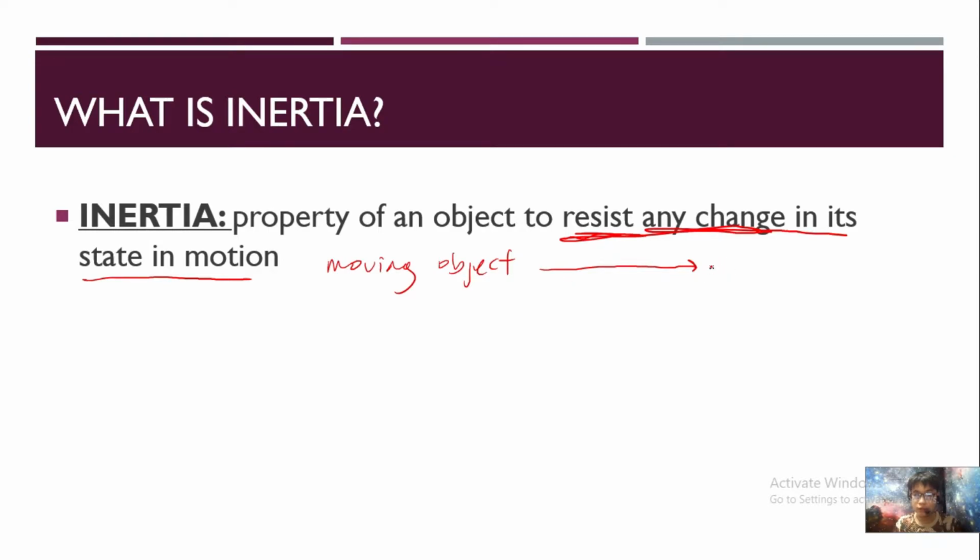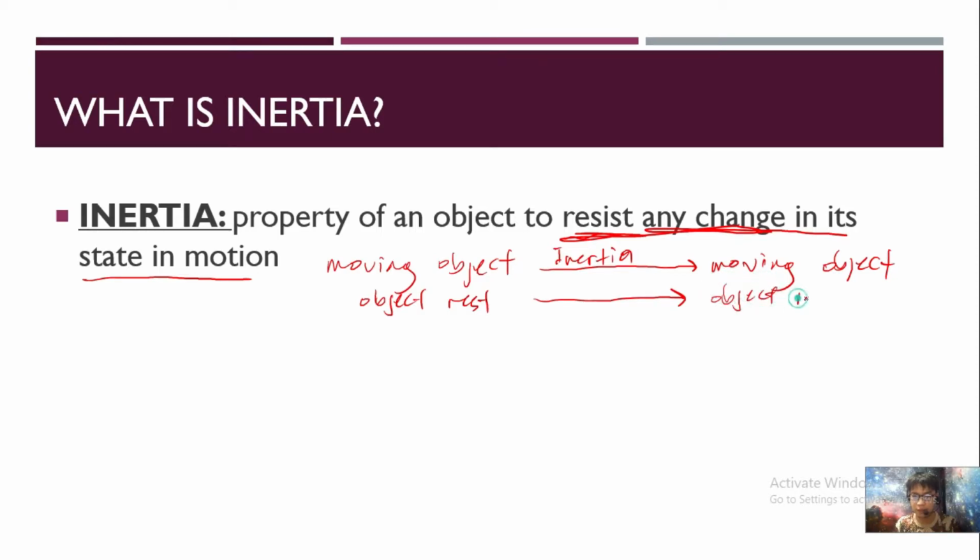So it will still be a moving object due to inertia. On the other hand, if an object is at rest, meaning the object is not moving, because of inertia the object will remain at rest. And that is also because of inertia.